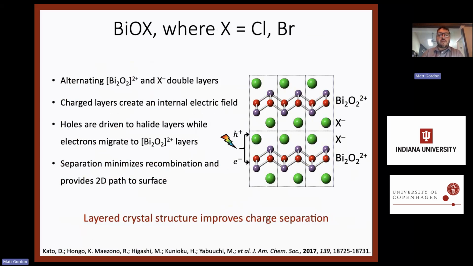Bismuth oxyhalides also have some unique crystallographic properties that make them good for this photocatalysis work. They are a layered material composed of alternating positively and negatively charged layers.